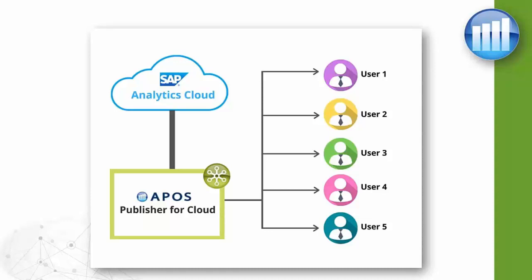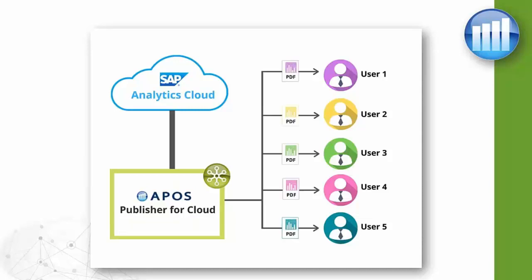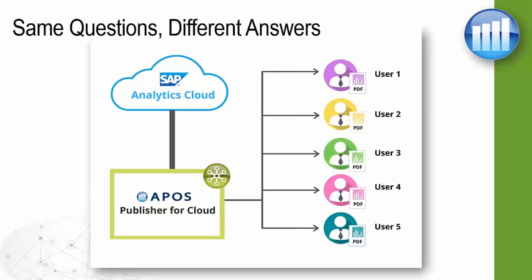Publisher for Cloud allows for a very structured approach to the generation of individualized content and the distribution of that individualized content. And this, of course, is the essence of what bursting is and what distribution is. So again, meeting those needs for the same questions, but different answers that are required.